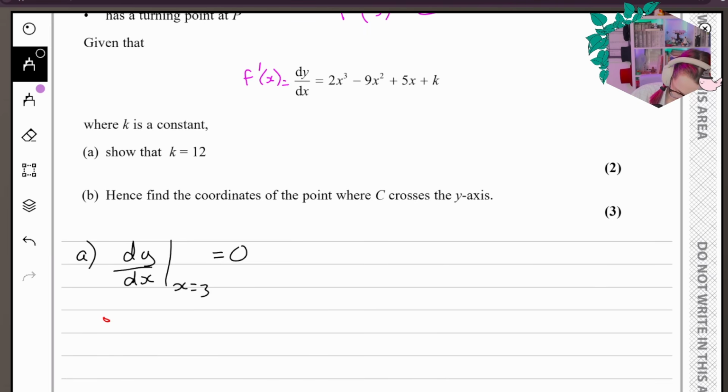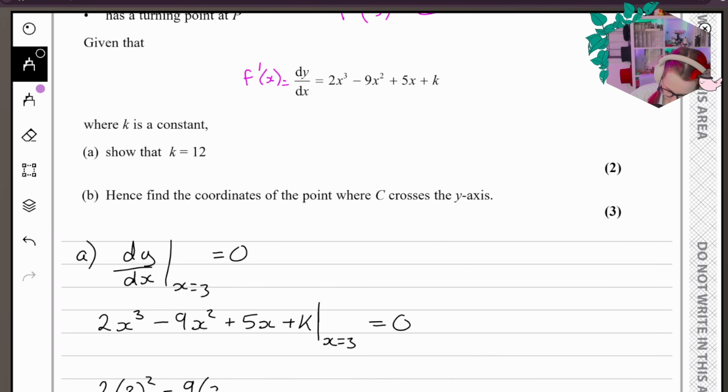So let's do that. We get 2x cubed minus 9x squared plus 5x plus k evaluated at x equals 3 is 0. So that's 2 times 3 cubed minus 9 times 3 squared plus 5 times 3 plus k is equal to 0.